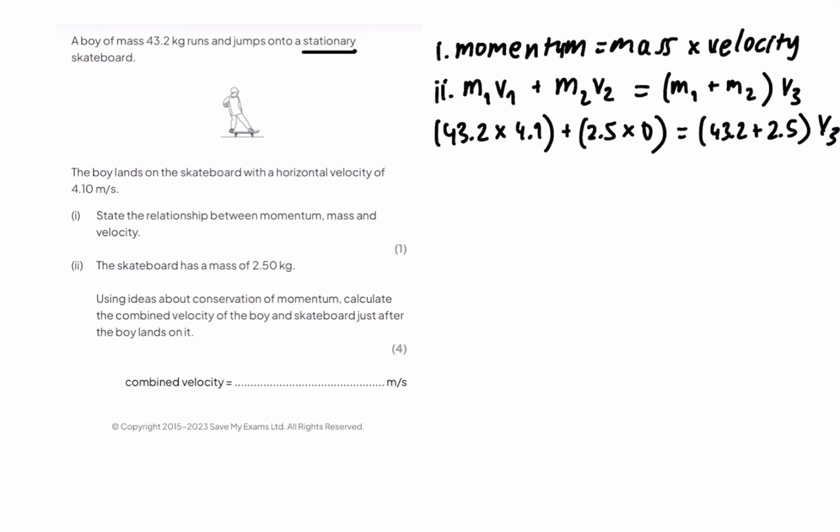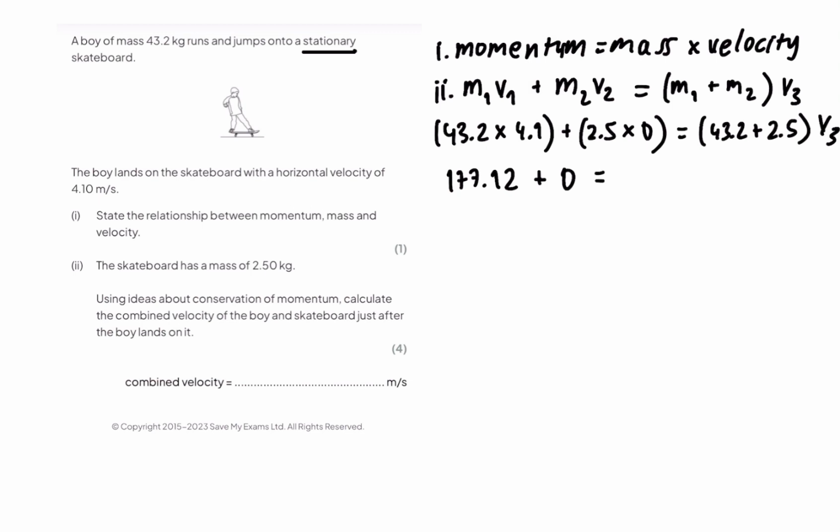Okay, so using my calculator, the boy's momentum is 177.12 plus the skateboard's momentum is 0, and that's because its velocity is 0, so that means that it has 0 momentum.